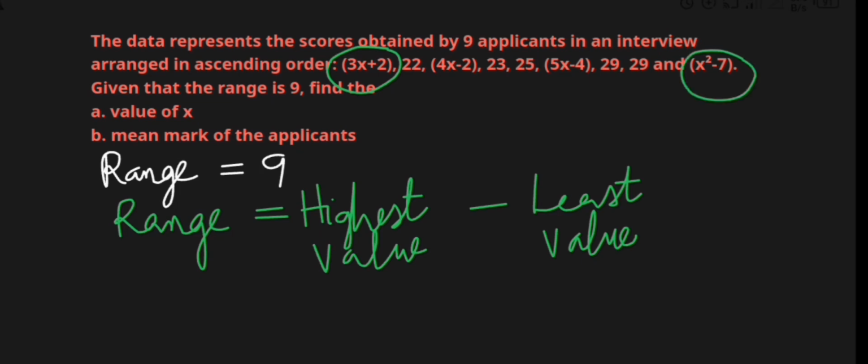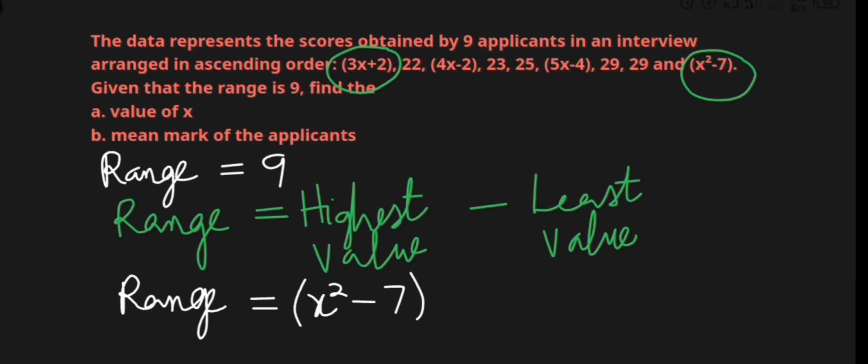Hence, the range is x squared minus 7 minus 3x plus 2. This must be equal to 9 as we have been told.